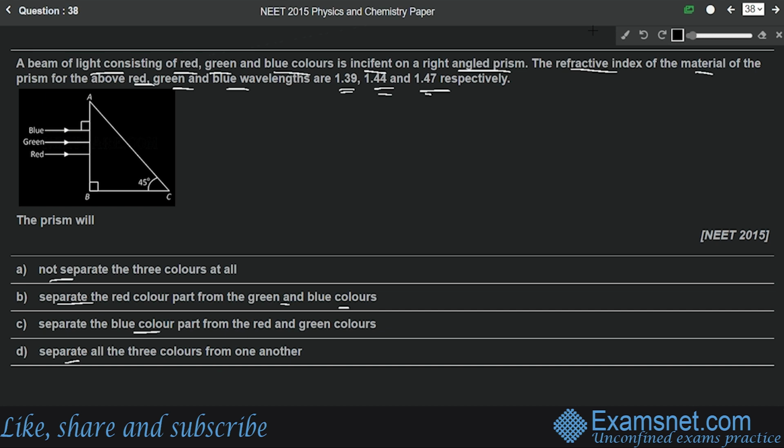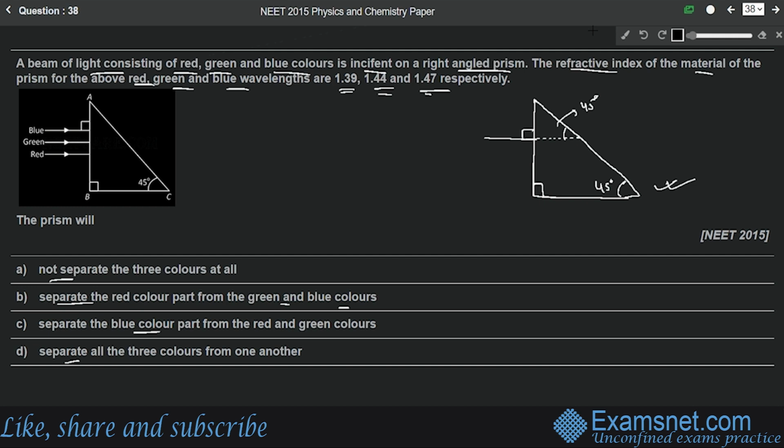So let's check the angle of incidence first. This is your right angle prism, right? This is the 90-degree angle and this is the 45-degree angle here. Here the rays are incident, making a 90-degree angle with the first surface. So when they are incident on the other surface, they will make a 45-degree angle because these two are corresponding angles.